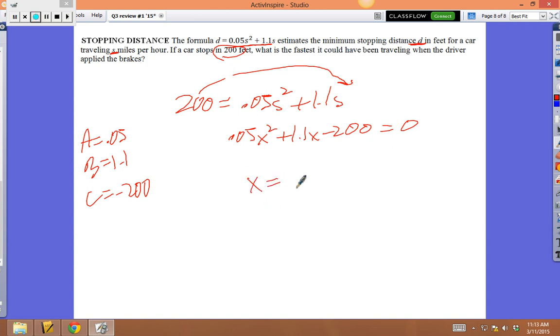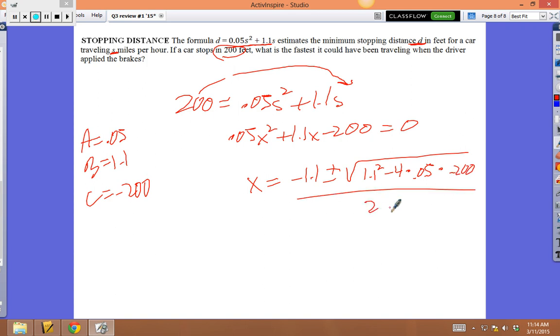So x equals negative b plus or minus the square root of b squared minus 4 times a times c, all divided by 2 times a. So I need to do it twice, once for plus, once for minus.